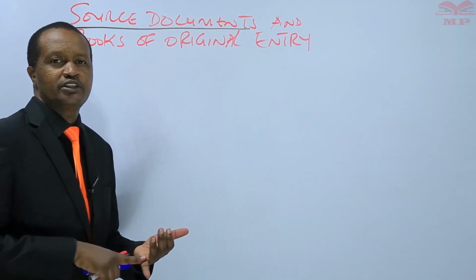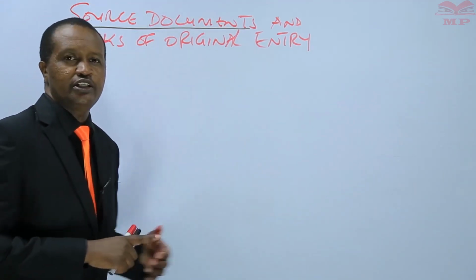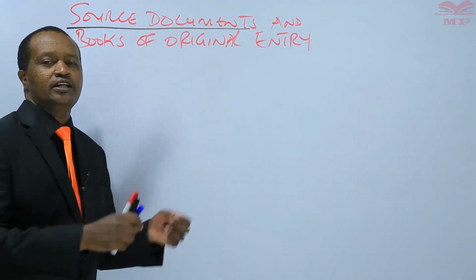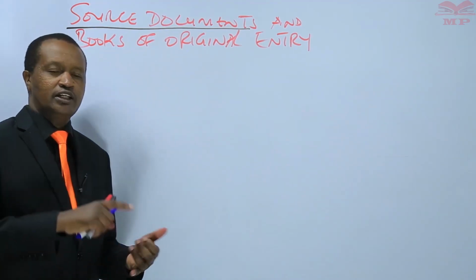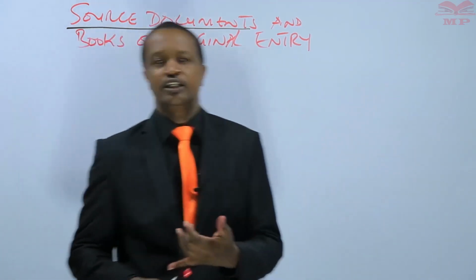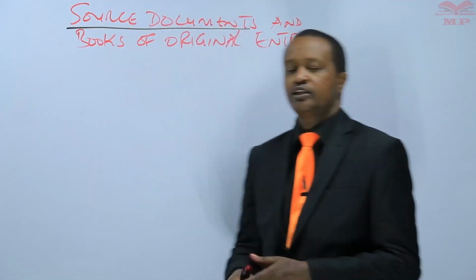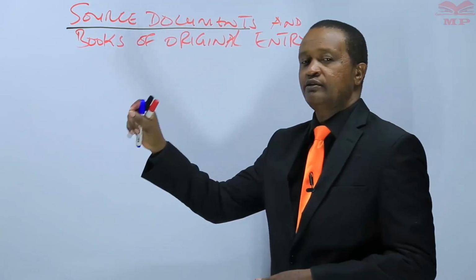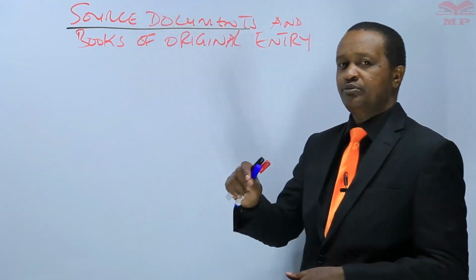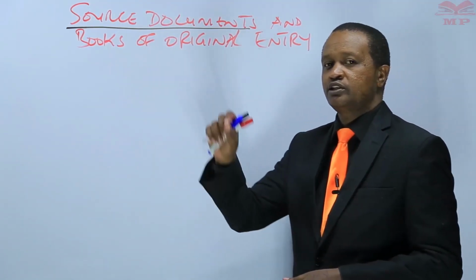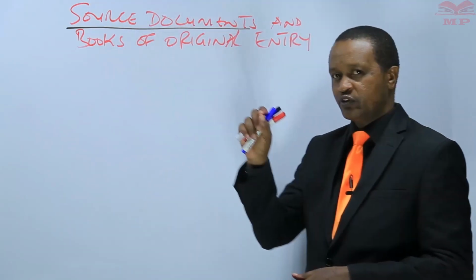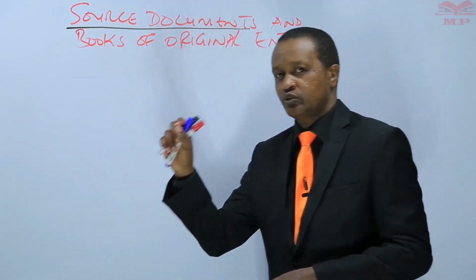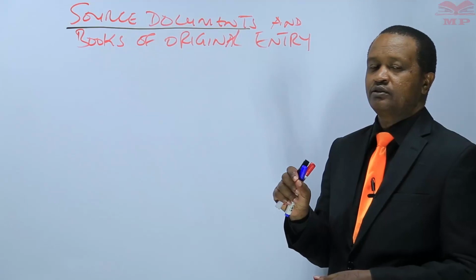When the business sells goods on credit to a debtor, there has to be evidence. In this case, the evidence is an invoice. The business has to issue an invoice to the debtor, so an invoice in that case is a source document.